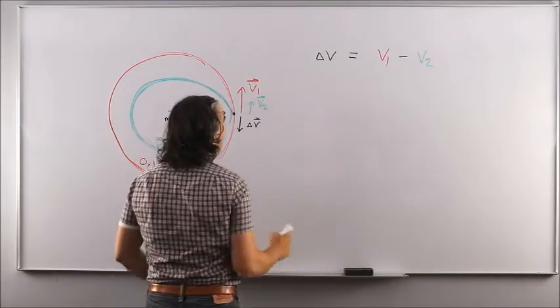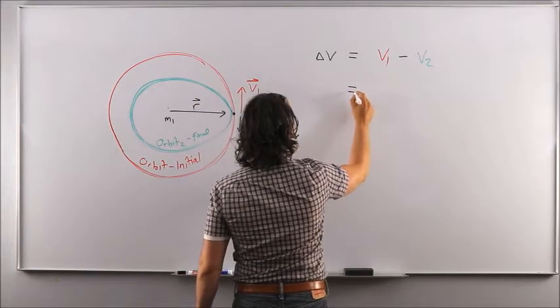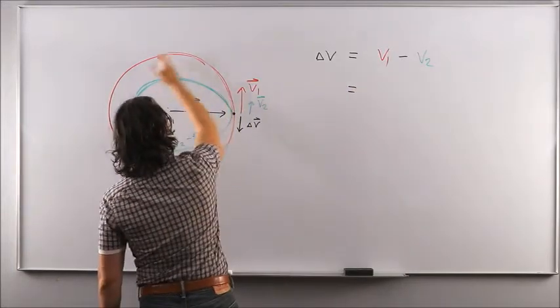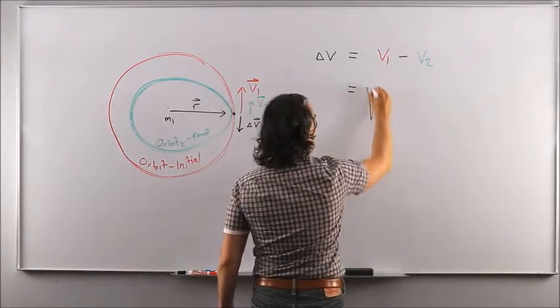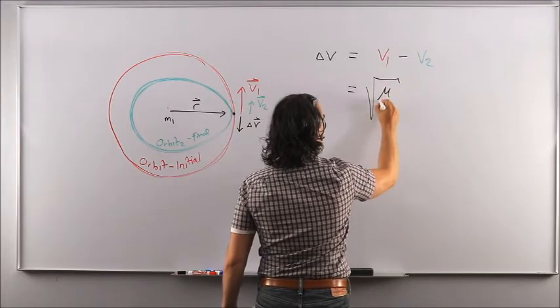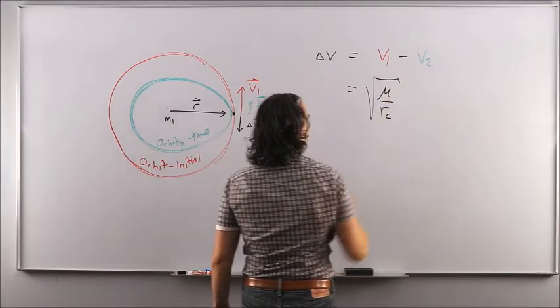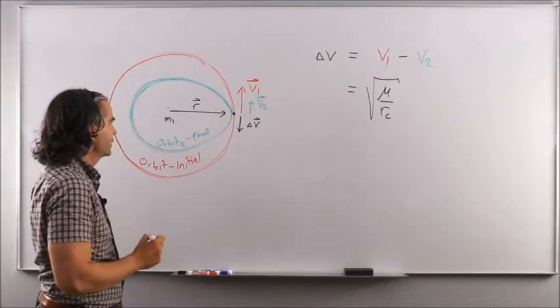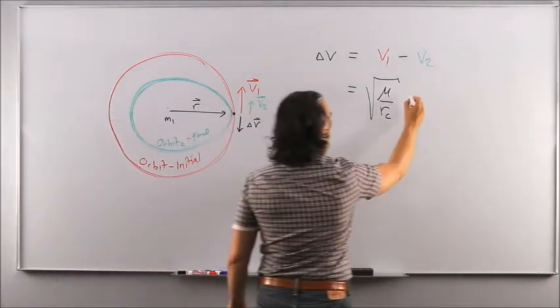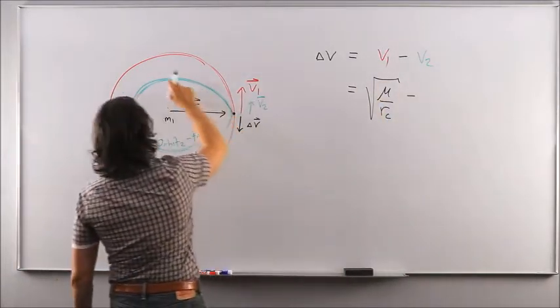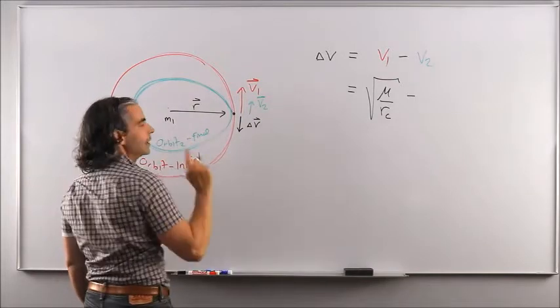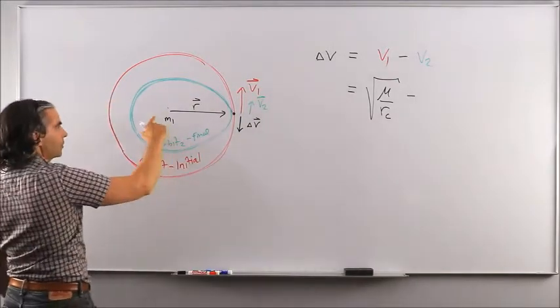So, how can we do this calculation? Well, it's same old, right? The speed along a circular orbit is going to be square root of mu over the radius of the circle, RC, minus the speed along the final elliptical orbit. This time, look at what we have.